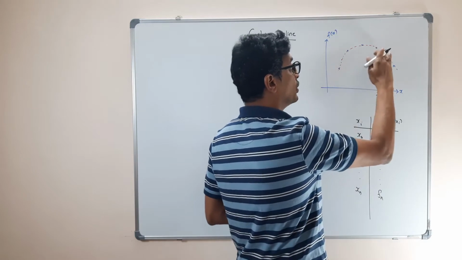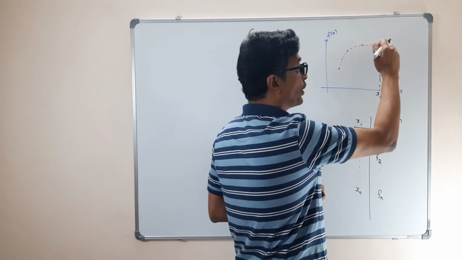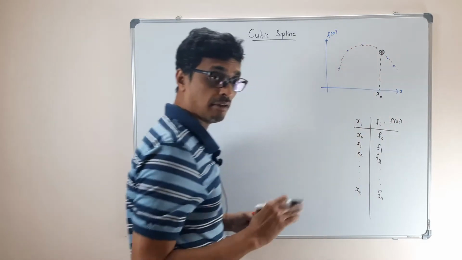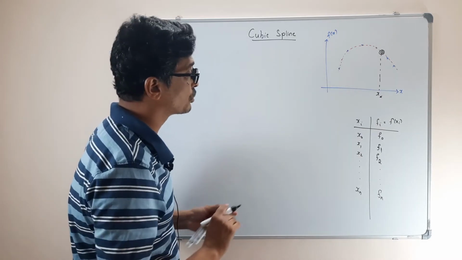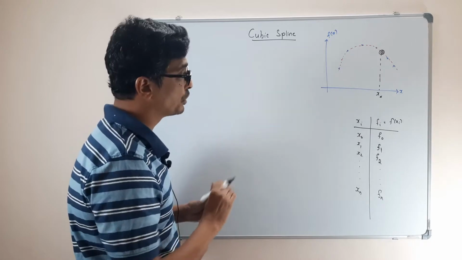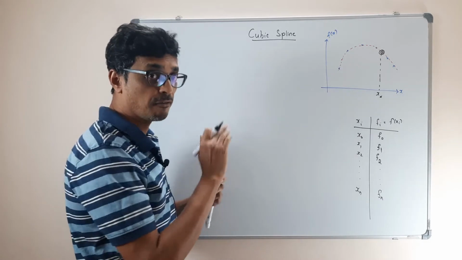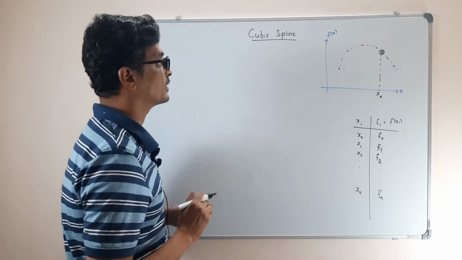That will have a strong effect on the interpolated value. Maybe tomorrow or in the next class I will show you a demo program, where you can see how polynomial interpolation can fail in very simple cases.